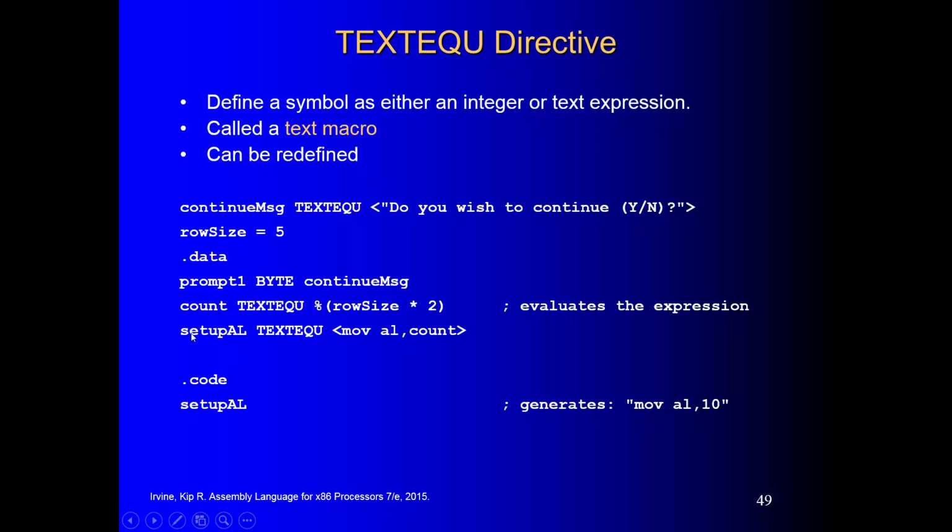Here, one more example, setupError, and you're going to use TEXTEQU, and the setupError means move count into error. So in the coding area, you can just say setupError. This equals exactly move error with count.